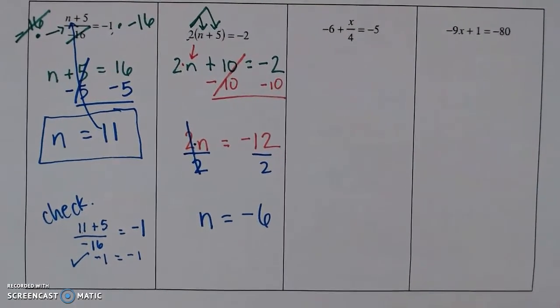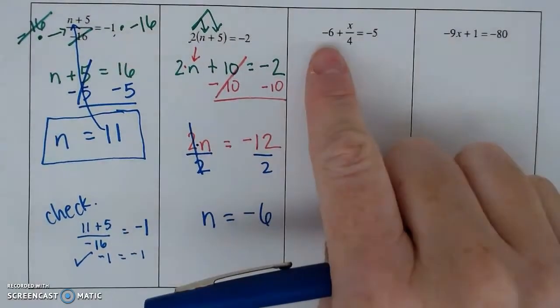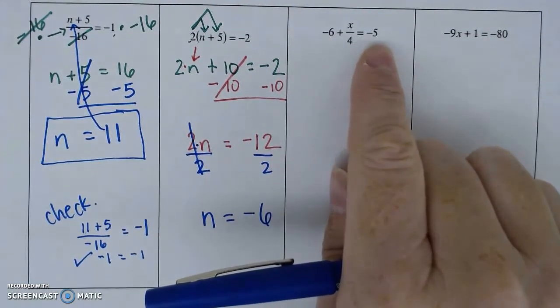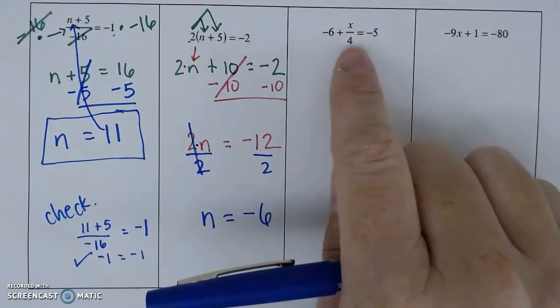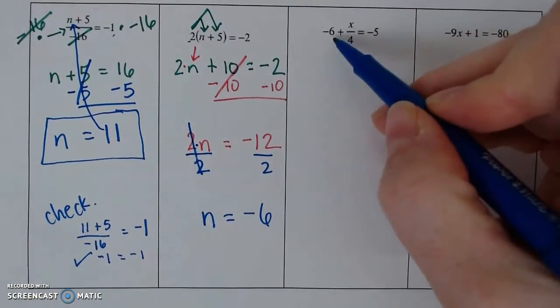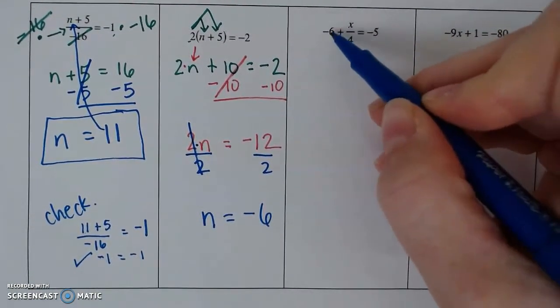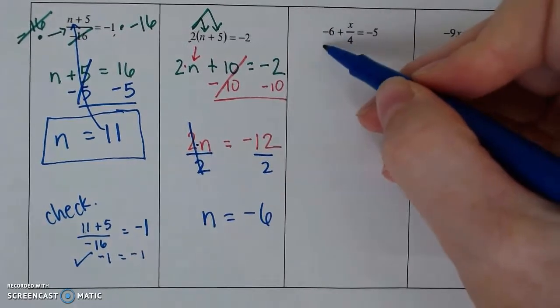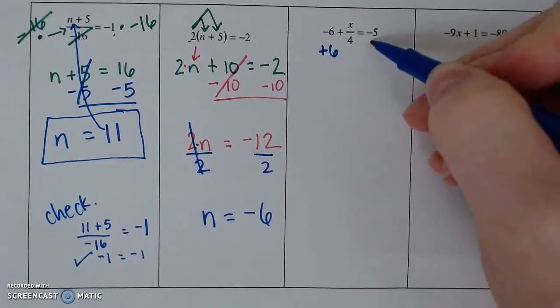All right, let's look at our third problem. We have negative 6 plus x divided by 4 equals negative 5. So we have two separate terms. We need to move the negative 6 and move the 4. You always do the one that's being added or subtracted, so it won't be connected to the letter. So the inverse is to add 6.